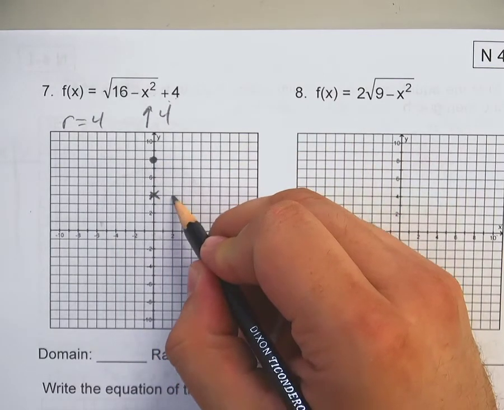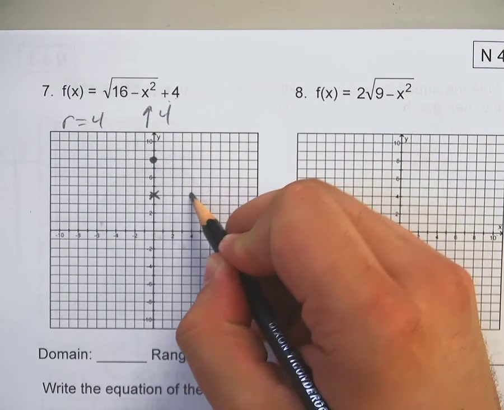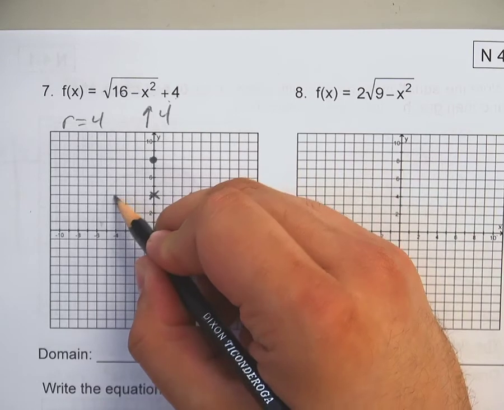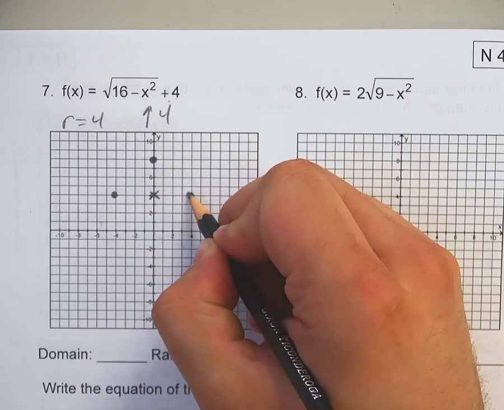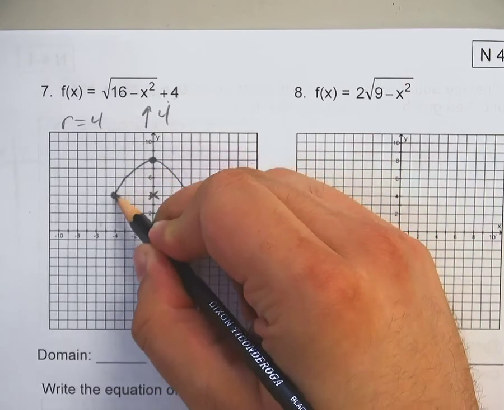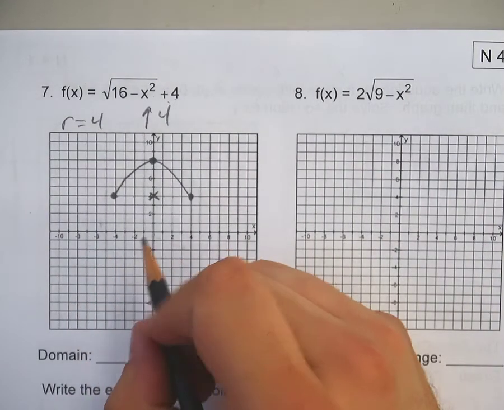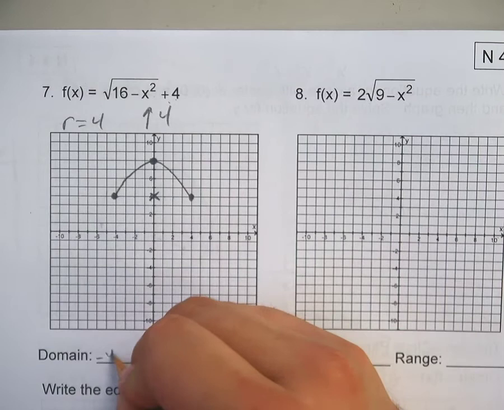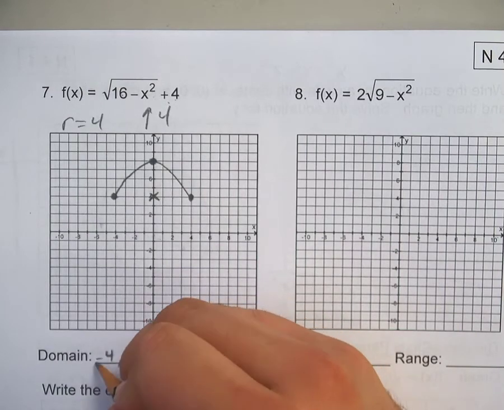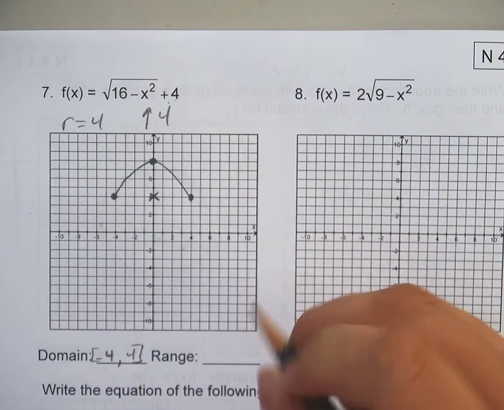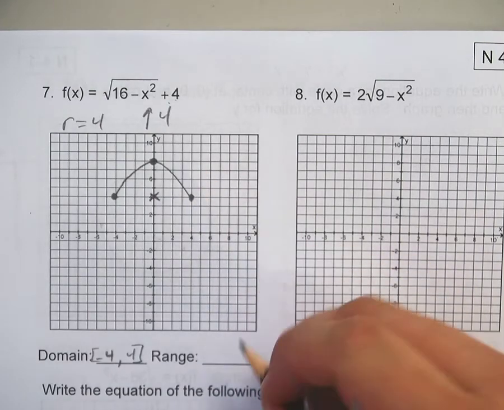From here, 1, 2, 3, 4. Domain here is negative 4 to 4. Range is what, 4 to 8?